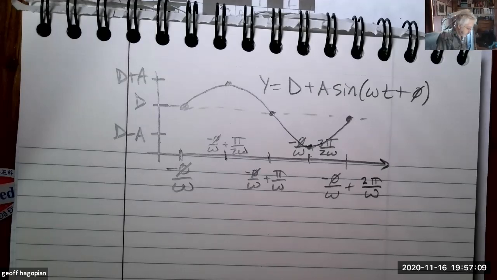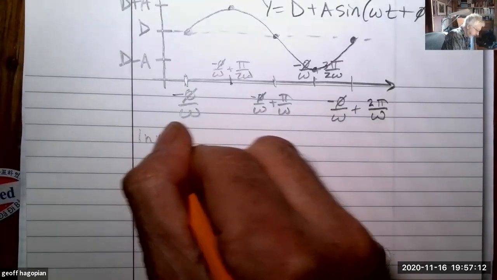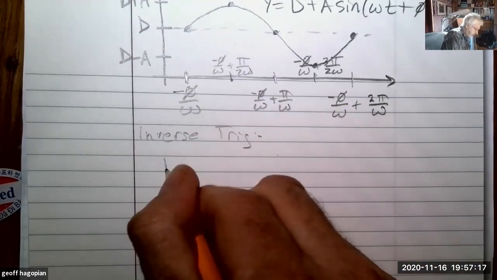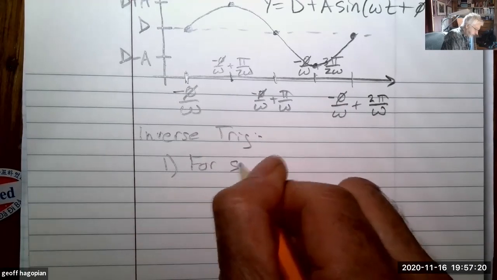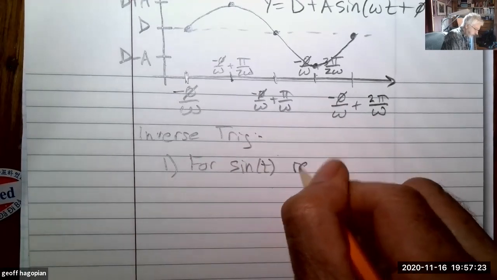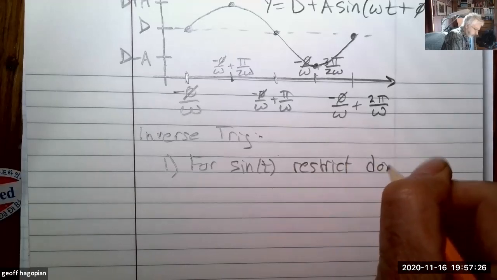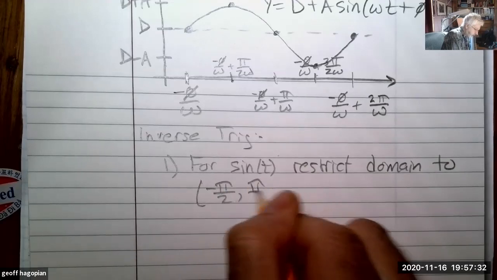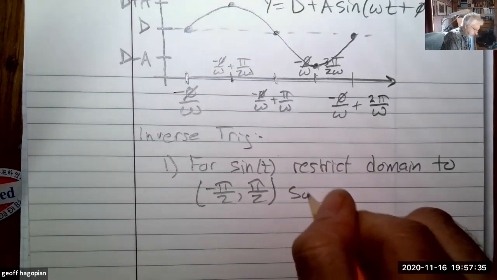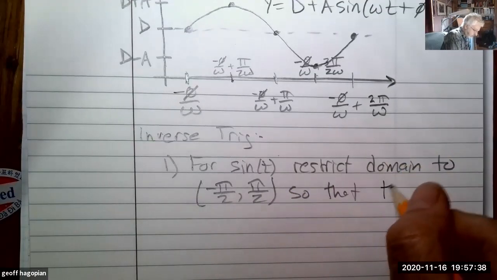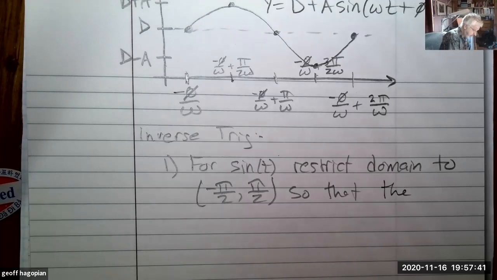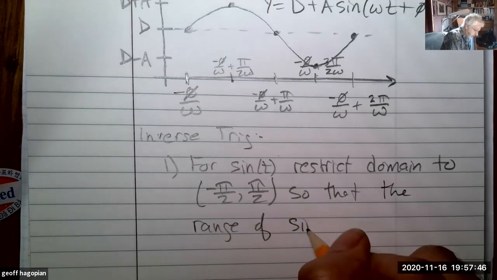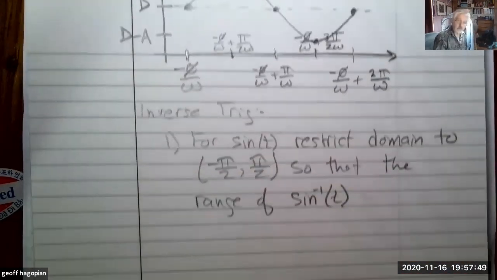All right, and the inverse trig functions. There's a lot in this chapter, isn't there? Inverse trig. For sine of t, restrict the domain to the interval from negative pi over 2 to pi over 2, so that the range of the inverse sine, which is denoted like so, that's not the reciprocal, right?